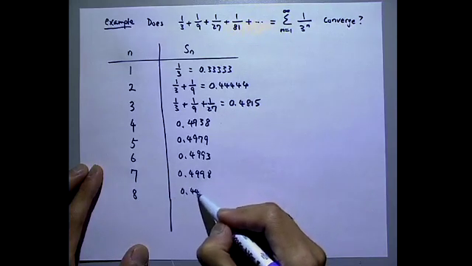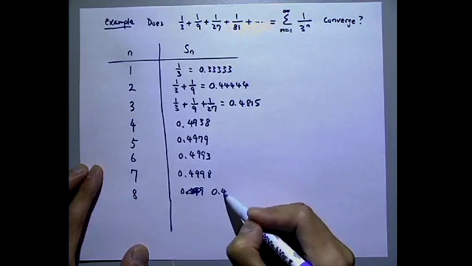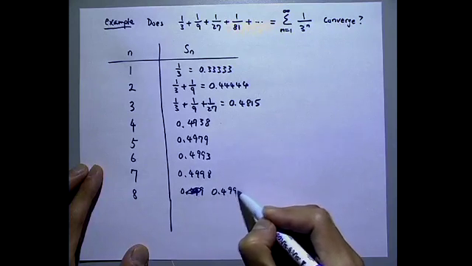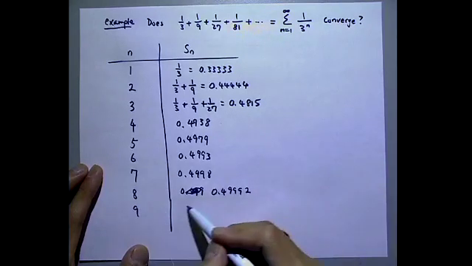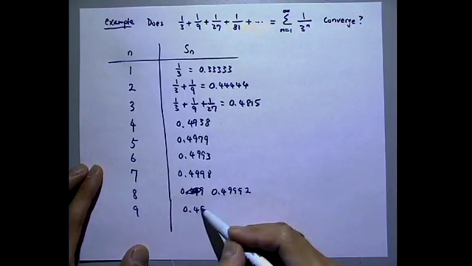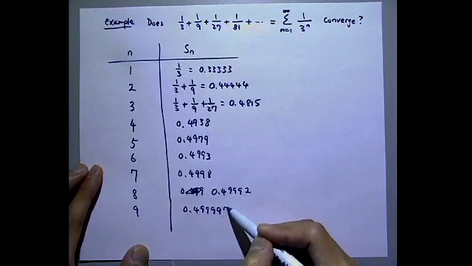We're going to go up to 10, and then we'll stop there, because it is starting to settle down to something.